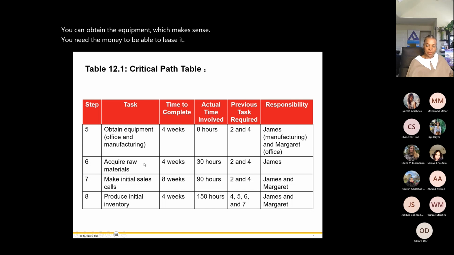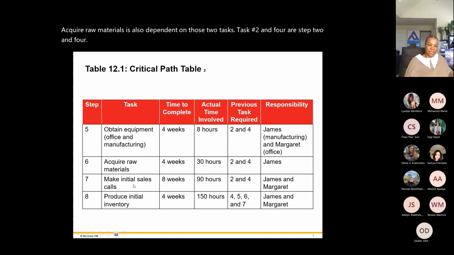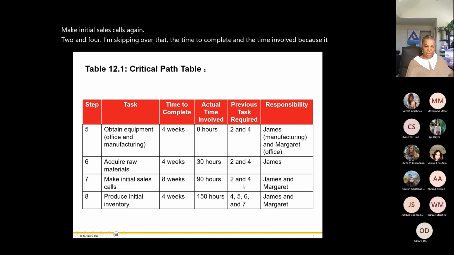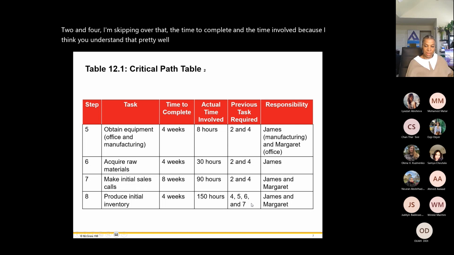Acquire raw materials is also dependent on those 2 tasks, task number 2 and 4, or step 2 and 4. Make initial sales calls, again, 2 and 4. I'm skipping over the time to complete and the time involved because I think you understand that pretty well. Just want to focus on this because this is where the critical path comes into bear.